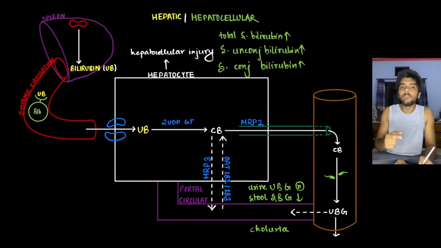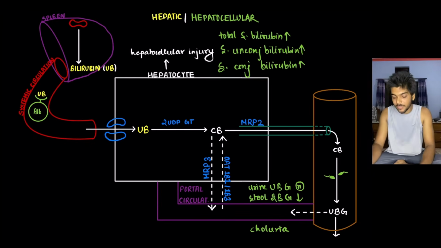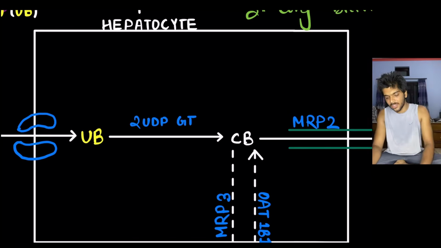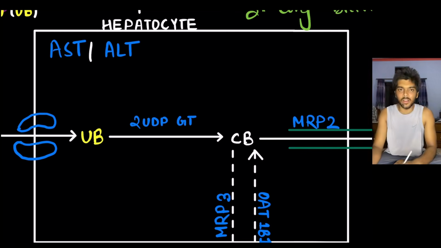So when you perform blood test, you'll find an elevated level of these liver cell specific enzymes, the enzymes present within the hepatocyte. What are these enzymes? They are AST, aspartate transaminase, and ALT, alanine transaminase.